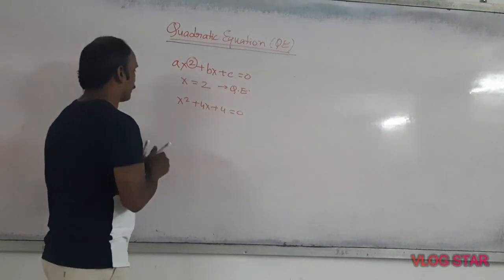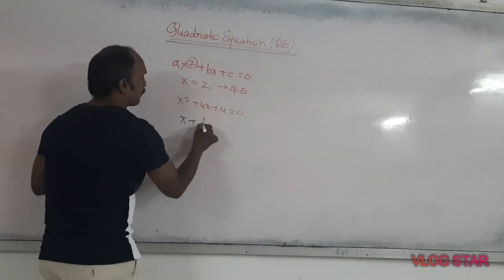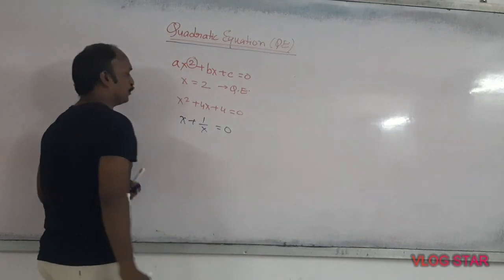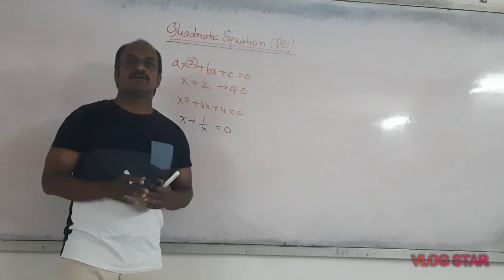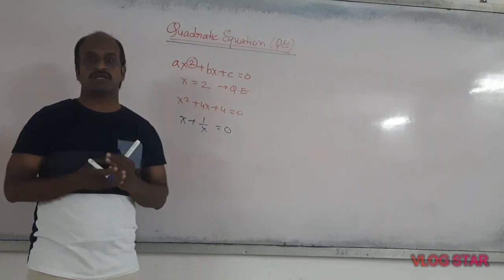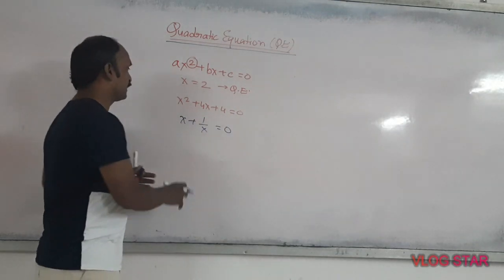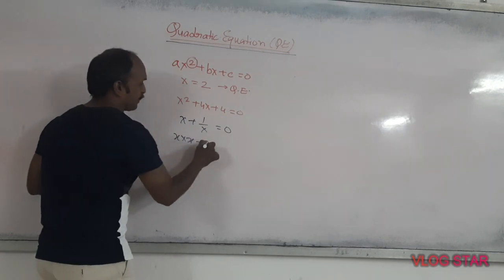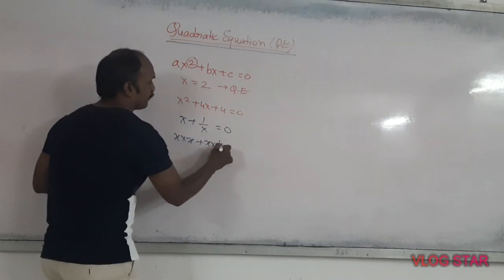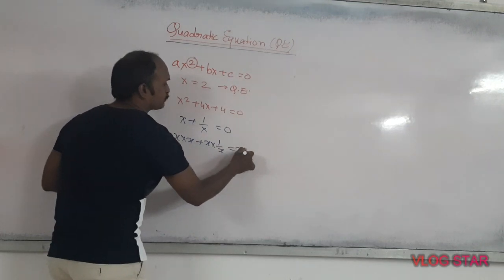Let's take another example: x plus 1 upon x is equal to 0. Whether this equation is quadratic or not, to find out, you first have to convert this equation into linear form. We multiply both sides by x. So x into x plus 1 upon x is equal to x into 0.